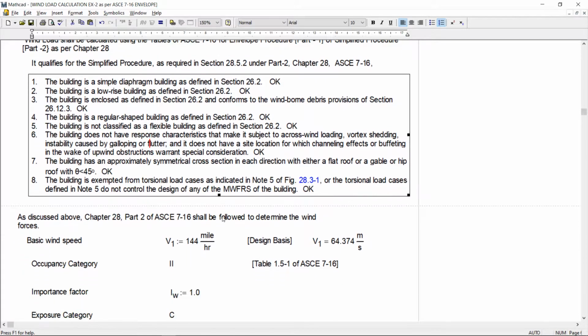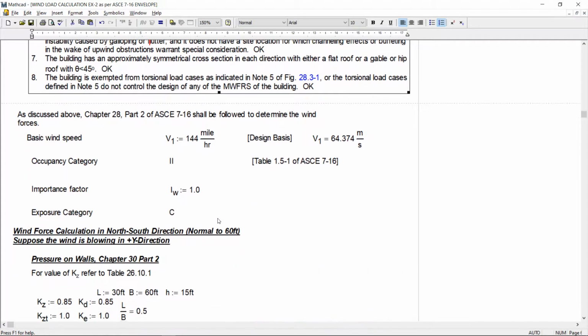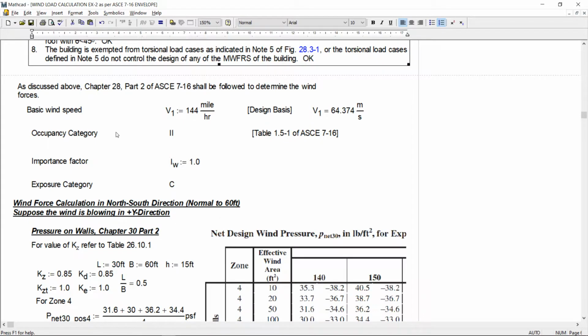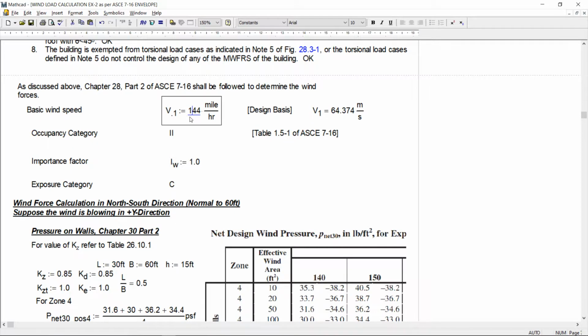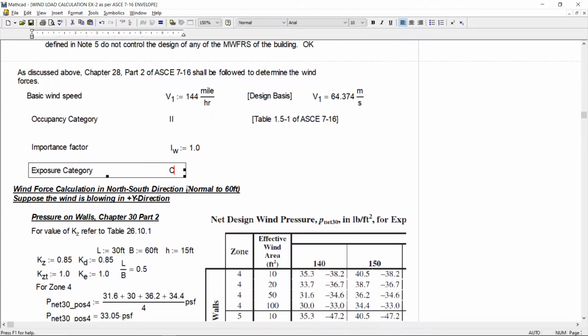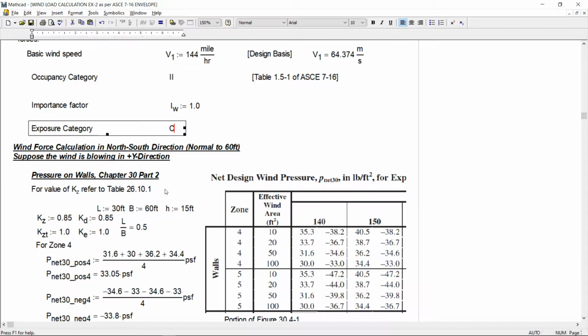Now let's go and check how we calculate all this. The wind velocity is given as 144 miles per hour. Seismic category is 2. Importance factor is 1. Exposure is C. Now the wind force calculation in the north-south direction, normal to the 60 feet side.